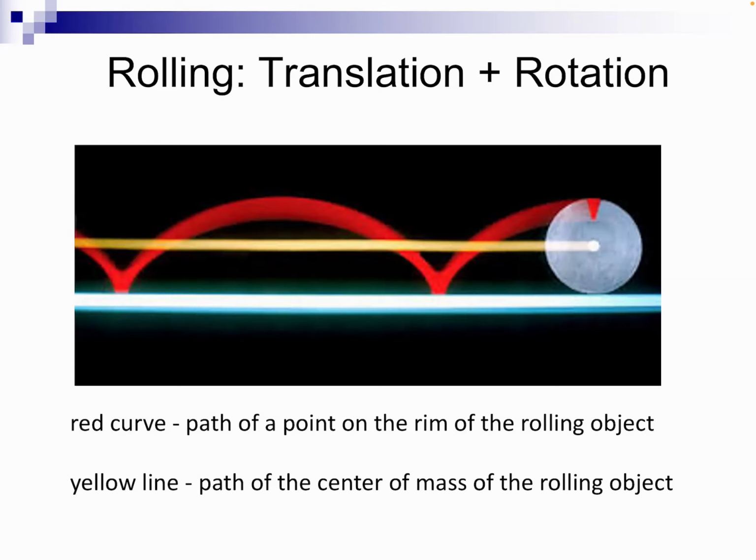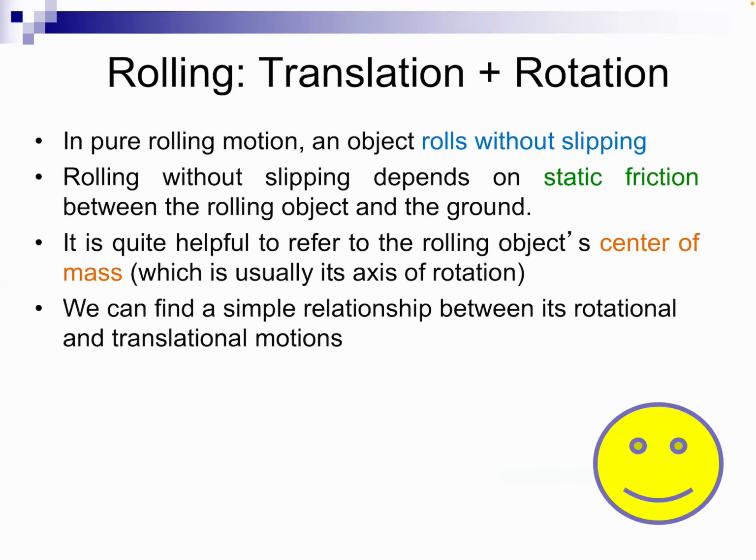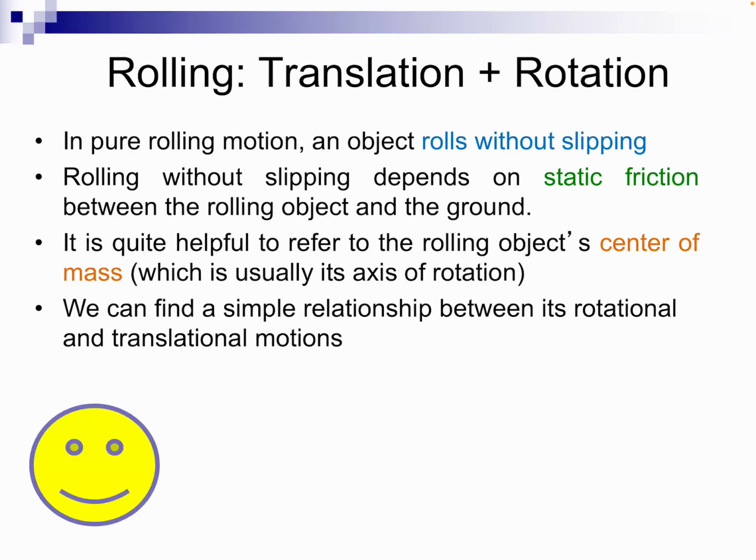When an object rolls, aside from having rotational motion, it also covers a translational distance. So rolling is a combination of rotation, and as the object rotates, it has some translational displacement.